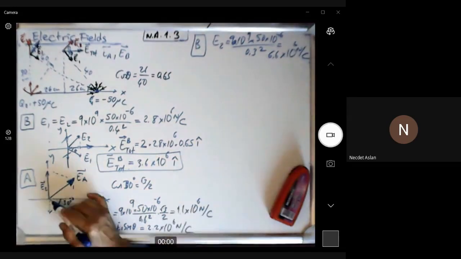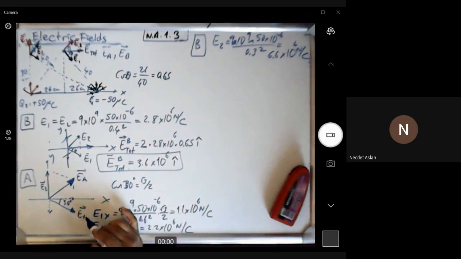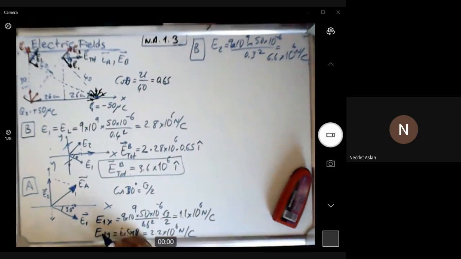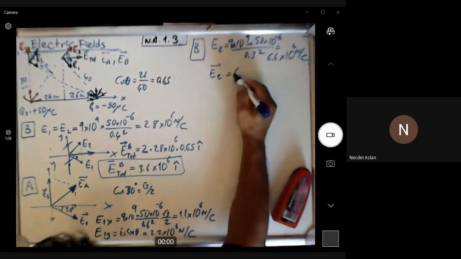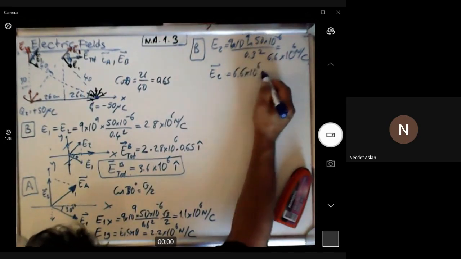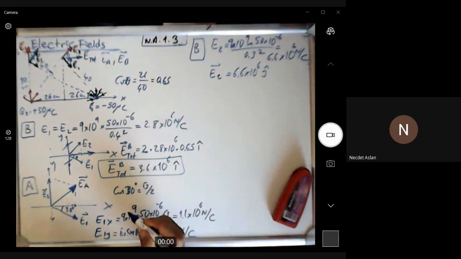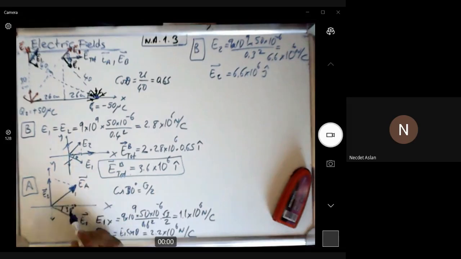Now after finding all these values, let's write these as vectors. E2 vector is just 6.6 times 10 to the 6 J, because it's in the positive y direction.